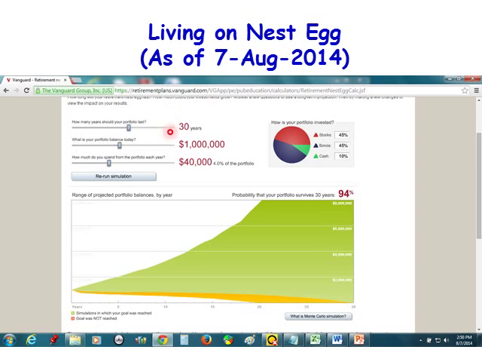If you expect to draw money for 30 years, starting with $1 million or any amount, it's a 4% portfolio withdrawal. I withdraw 4% of the portfolio every year, and my mix is stocks 45%, bonds 45%, cash 10%.